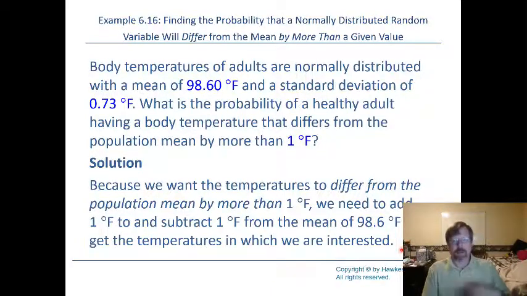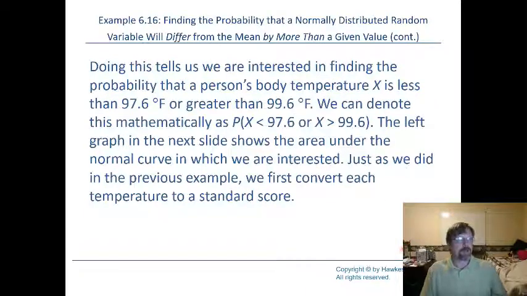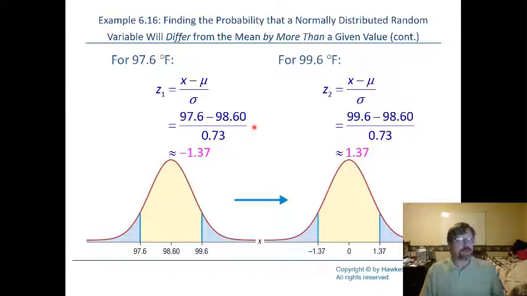And so we're looking at the areas on either side. Convert it to z-scores. Again, subtract off the mean, divide by the standard deviation. So we have plus or minus 1.37 standard deviations.